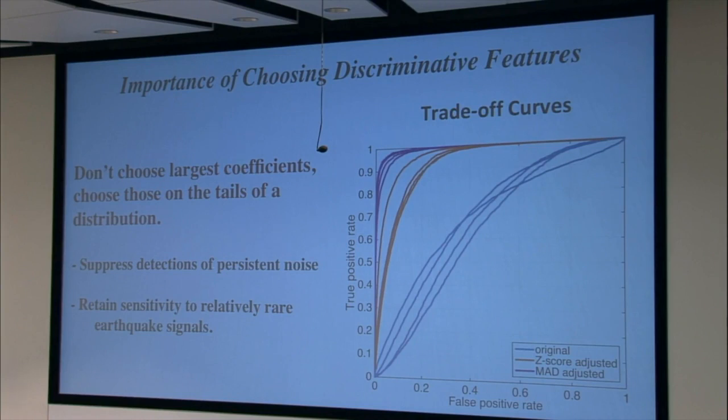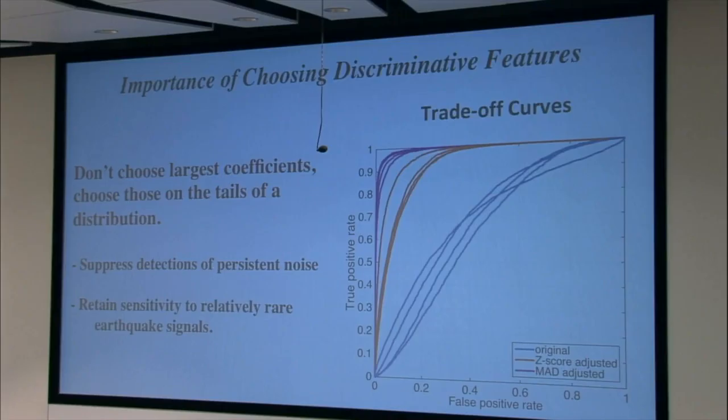And so you might ask, well, the standard deviation of what? What we do is we run on a subset of the data, get distributions on the behavior of each of the coefficients in the wavelet transform. And then in this step, we're looking for the ones that are anomalous, that are sort of on the tails of that distribution. So if we use the Gaussian assumption, it gets us much closer to the ideal.